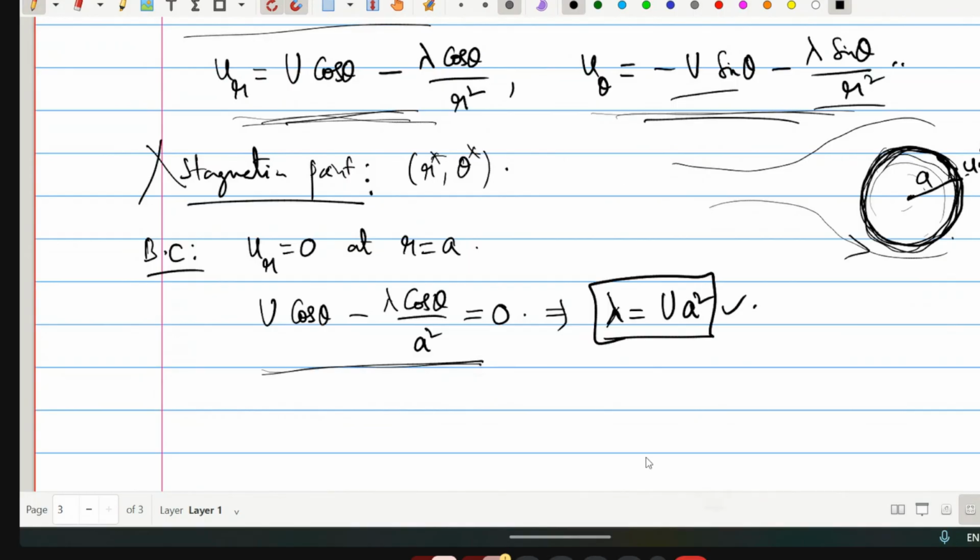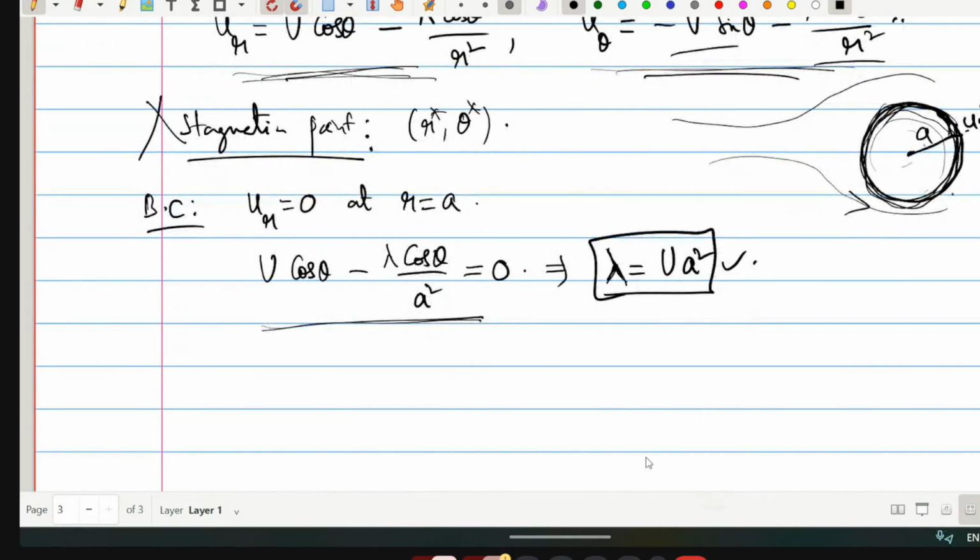So this lambda is the doublet strength. If you consider u times a square, then the boundary condition is satisfied, not for anything else. Boundary condition is the constraint. If you put that, you exactly get the strength of the doublet. The strength of the doublet is fixed now.